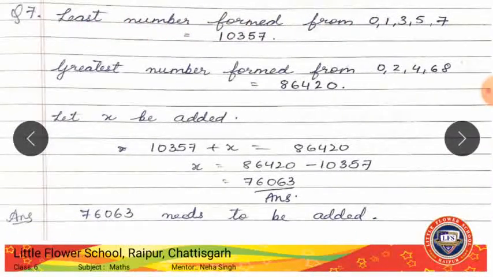Least number formed from this number we need to find. What will be the least number? See, since 5 digits are given, we need to find a least 5 digit number. What we'll do, we'll arrange the numbers, the smallest number first. We'll arrange the number in increasing order, right?